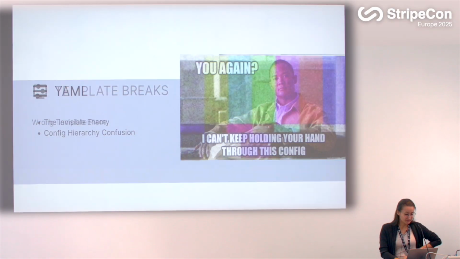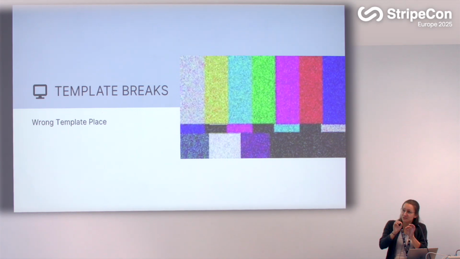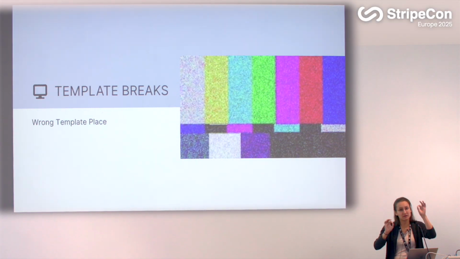So let's move on to template breaks. Where does a template belong? When I started with Silverstripe, I was really wondering where to move this template. Does it belong here? Here? No. Okay, so let's check templates layout, or templates page, perhaps layout.